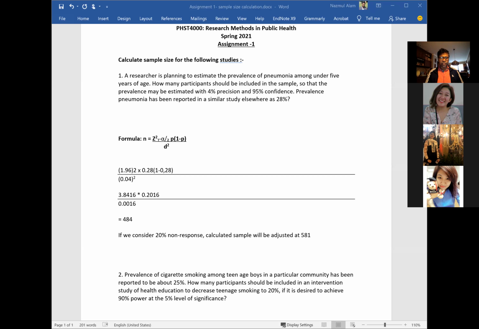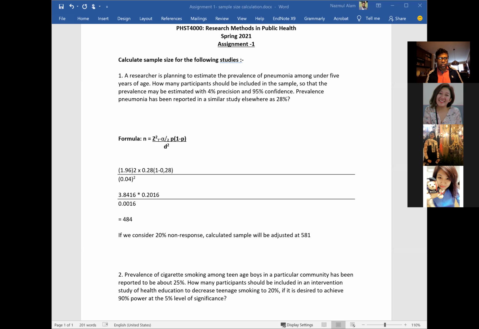20% is something you don't have to achieve. If you reach your calculated sample size of 484, you can stop there, maybe taking 10, 20 extra, because you may need to delete some incomplete responses.